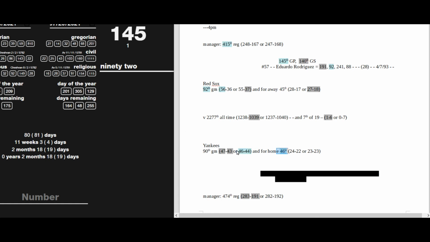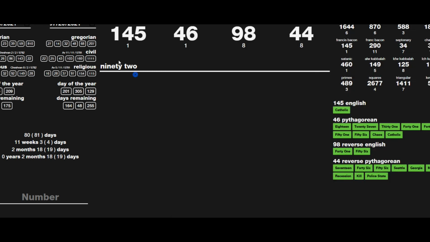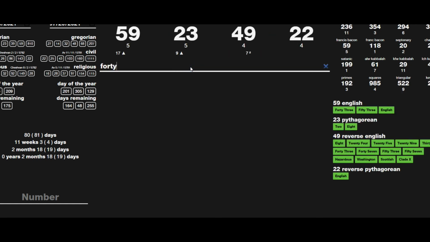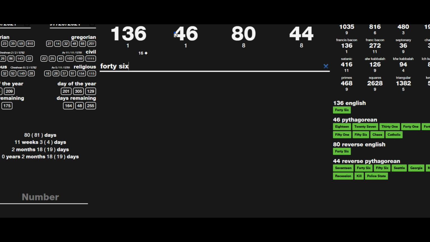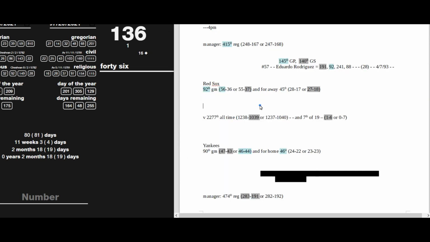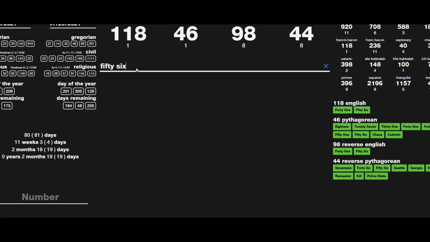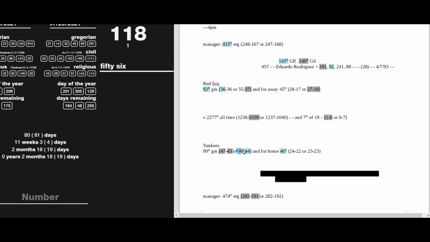So they would sit on 46 wins for the season in their 46th home game, and then they would get their 44th loss. If we pop in the number 46, it sums to 46 and 44 as well. And Red Sox would get their 56th win for the season, and 56 sums to 46 and 44 as well, as the Yankees become 46-44.